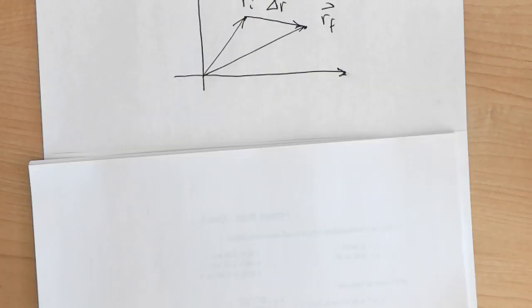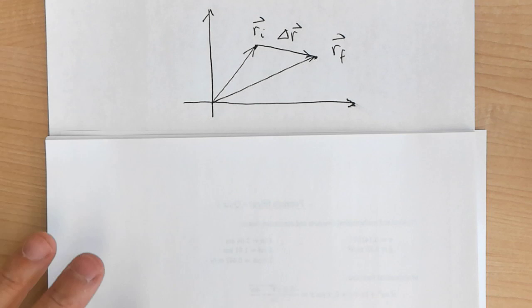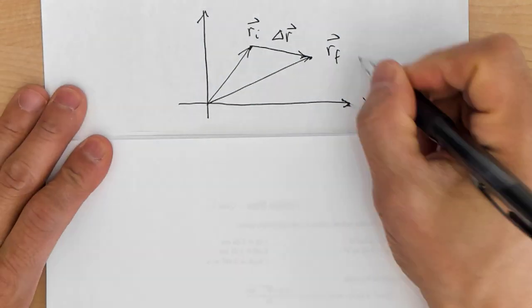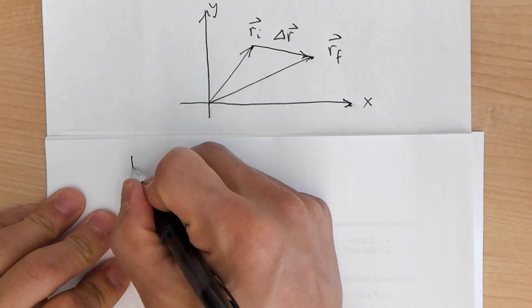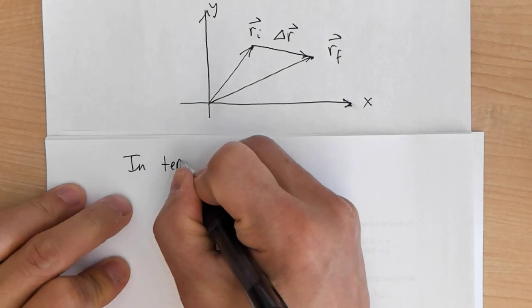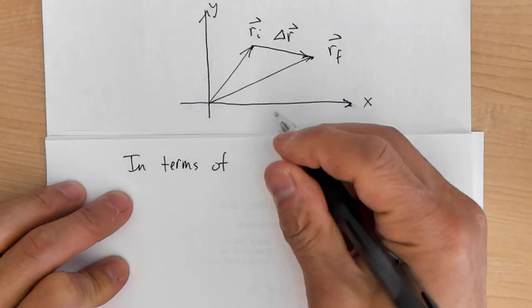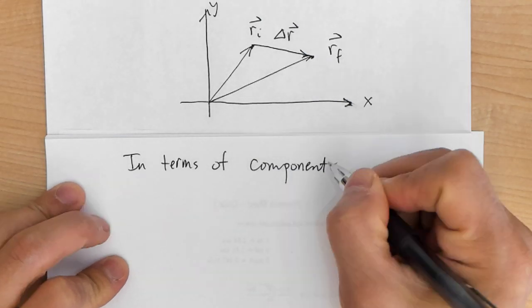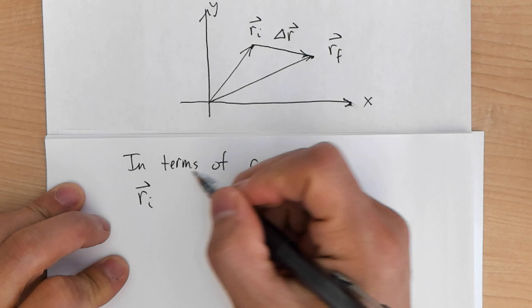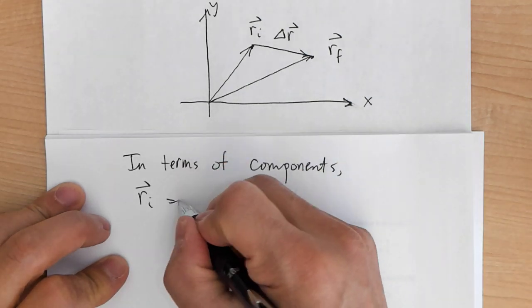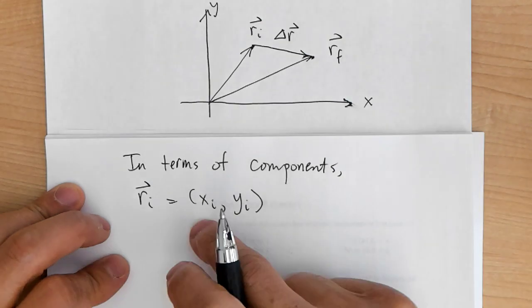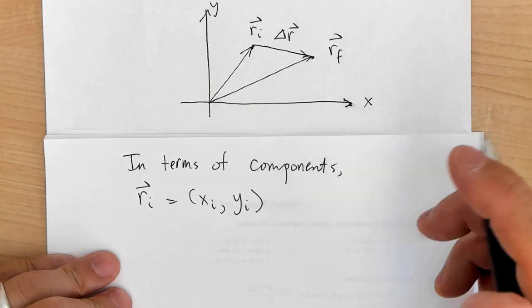Now, we're going to talk about these things in terms of components. So in terms of the x and y components, this is x and y. The components of Ri are xi, comma yi, the x component and the y component.